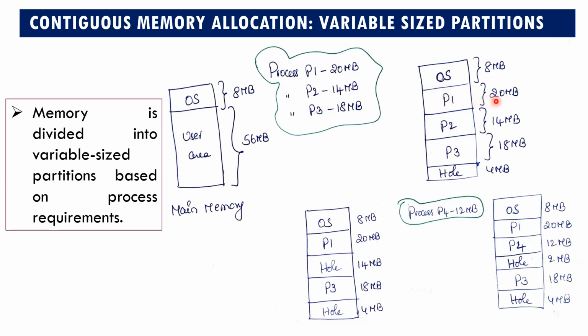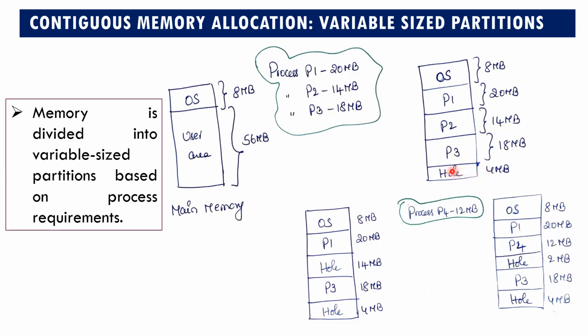That 20 MB will be allocated for P1 out of 56 MB, and we are still left with 36 MB, and process 2 will be allocated another 14 MB, and process 3 will be allocated another 18 MB of space. So putting together, it is 20 plus 14, 34, 34 plus 18, 52 MB occupied by all the 3 processes P1, P2 and P3. And the remaining 4 MB space is still left.